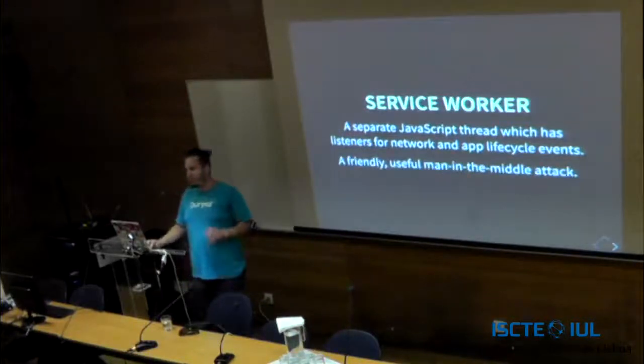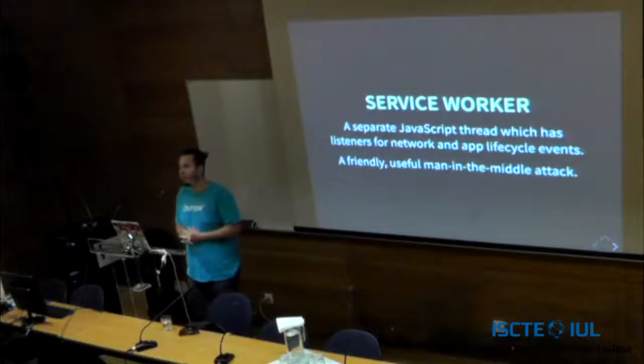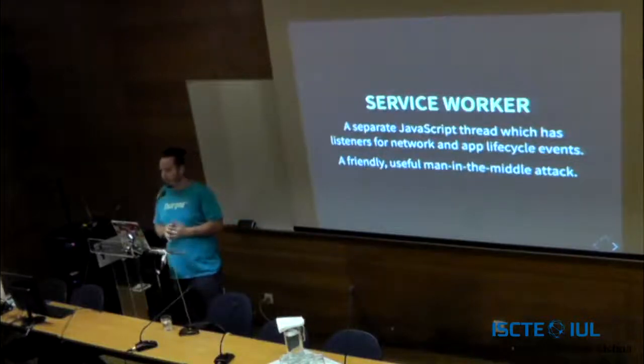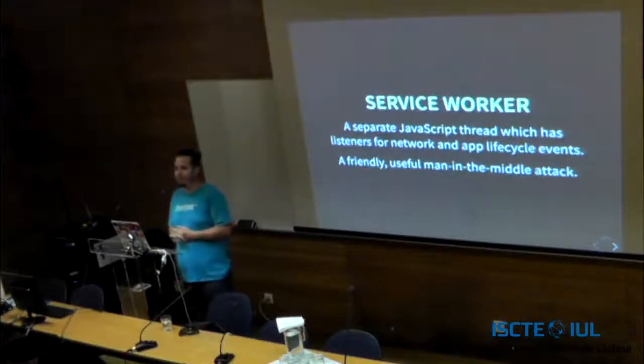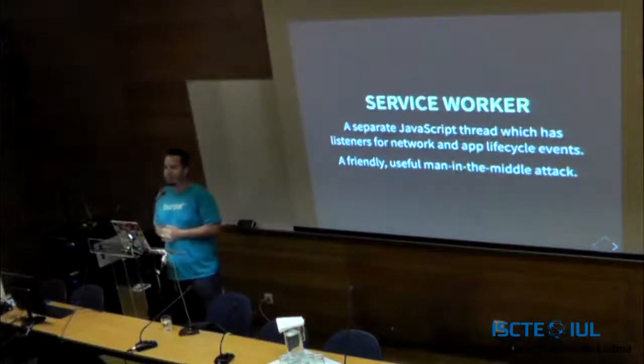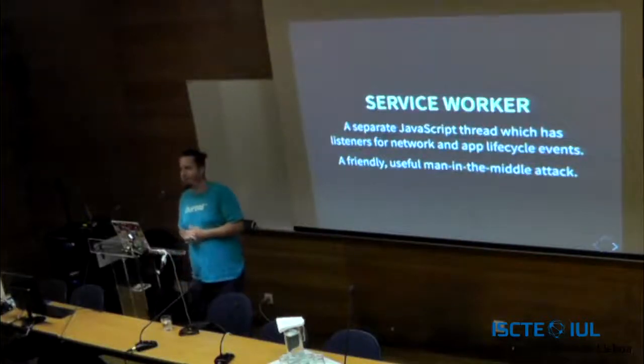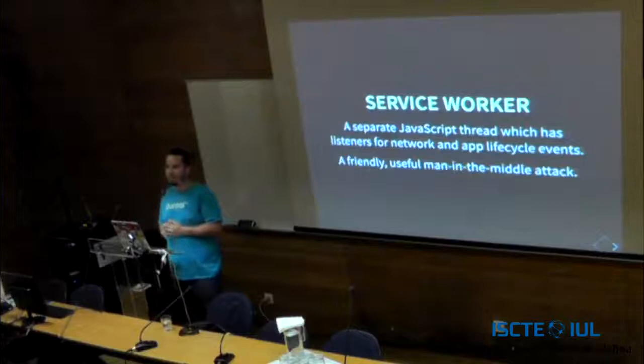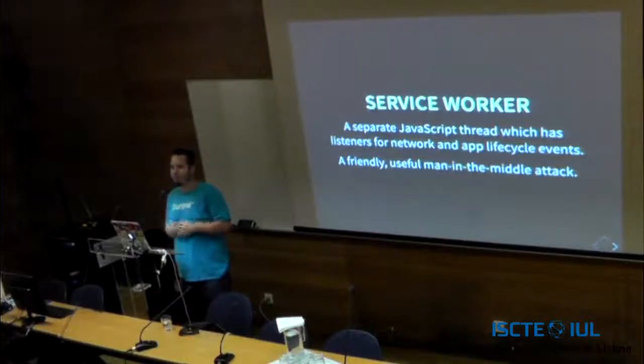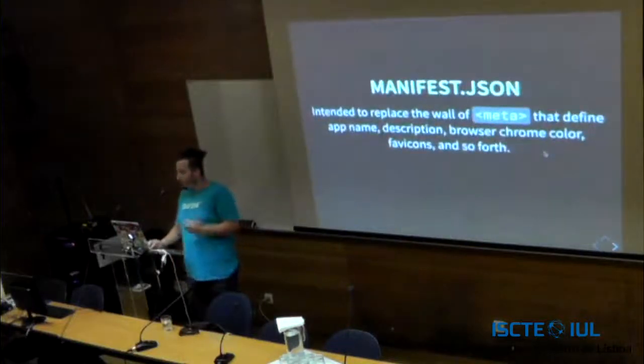A service worker is very literally a friendly man-in-the-middle attack that lets you do very useful things, which is why it requires HTTPS. Otherwise, on a non-secure connection, someone could just sit at the edge of a backbone and install their own service worker on every insecure website in the world and basically control most of the internet or the web.